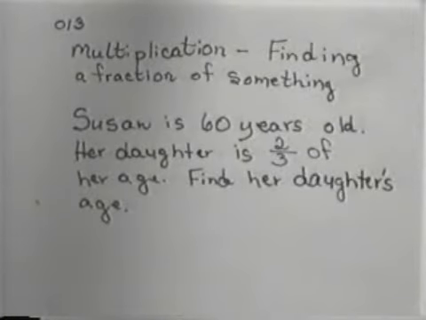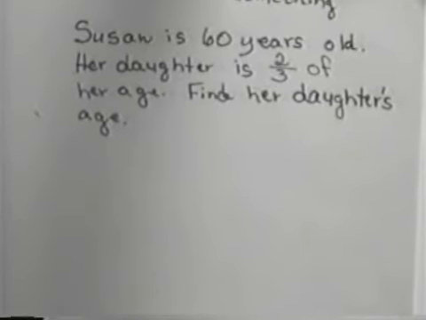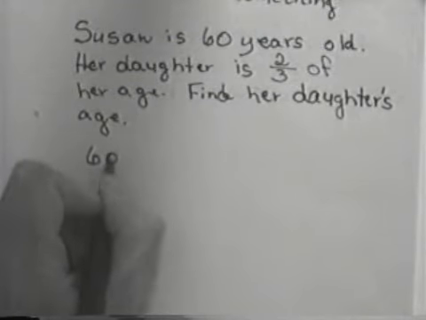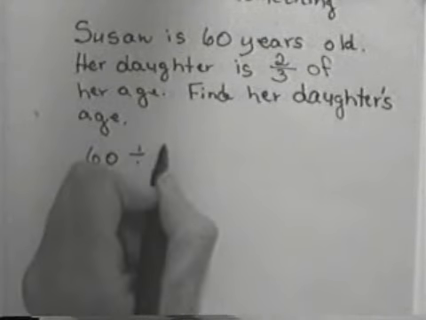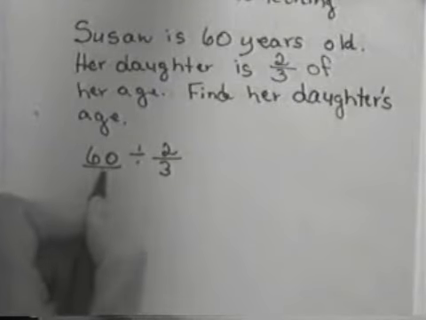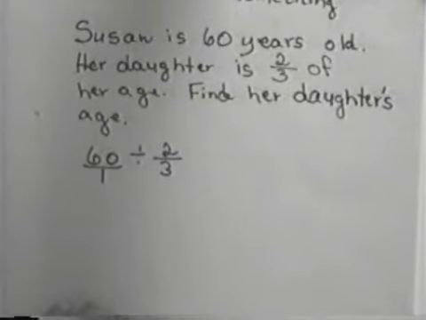Now this problem often confuses people because when they say her daughter is 2/3 of her age, many times people think they ought to divide. Let me show you what would happen if we tried to do that problem by division. If we took 60 and divided it by 2/3, we'd have to make the 60 look like a fraction and put a 1 under it.